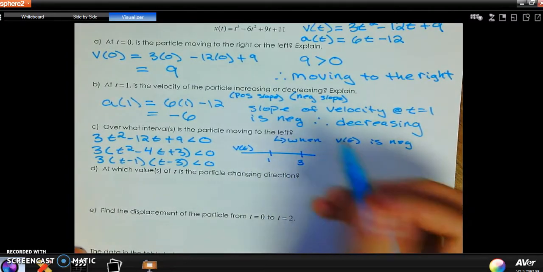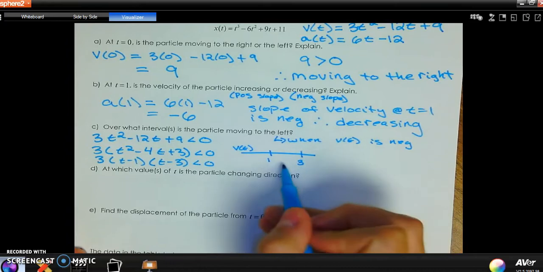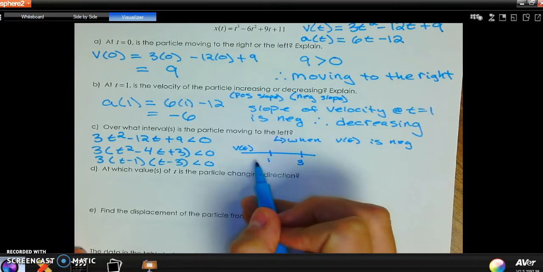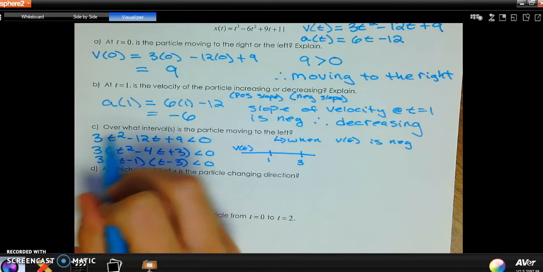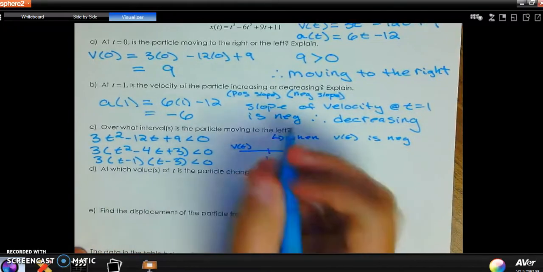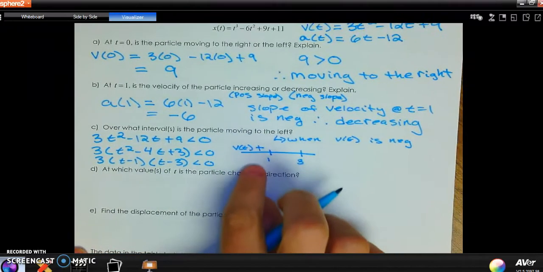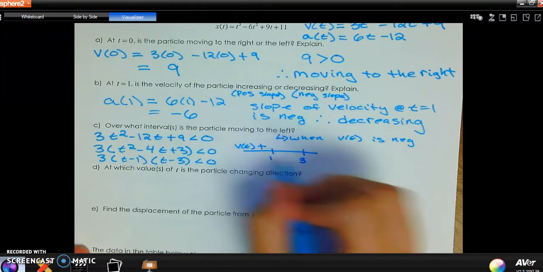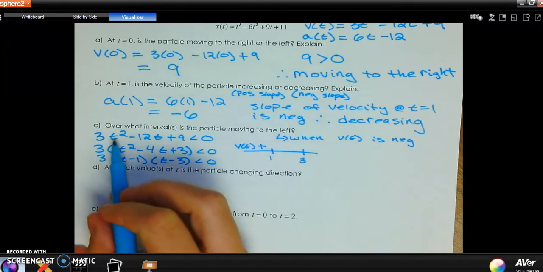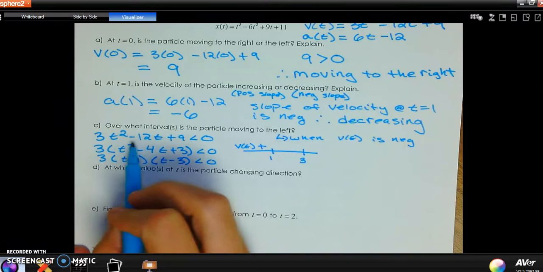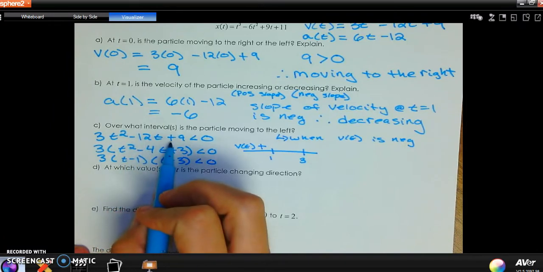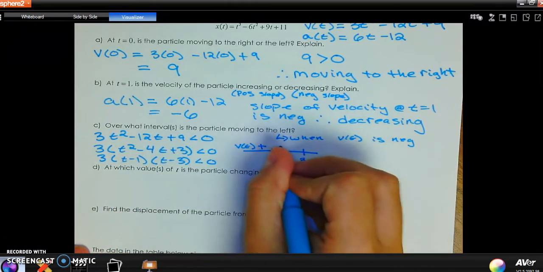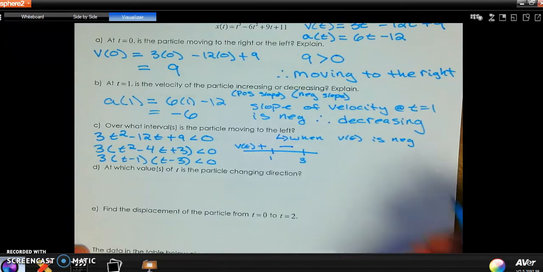And so the velocity, if I plug in a number like 0, something to the left, I get 0 minus 0, a positive. So the velocity is positive before 1. And then if you plug in a number like a 2, because that's between, you're going to get 12 minus 24 plus 9, that's still going to be a negative. So it's negative when you plug in a number between.